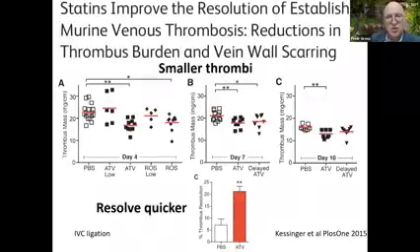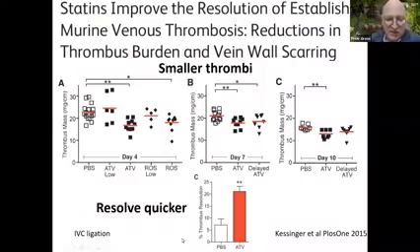Okay, so here's quite a big paper that was in PLOS One in 2015, and they gave mice statins, and they did it by gavage. They essentially put a tube down the mouse's mouth every day for 2 weeks to deliver the atorvastatin or rosuvastatin at 2 different doses.